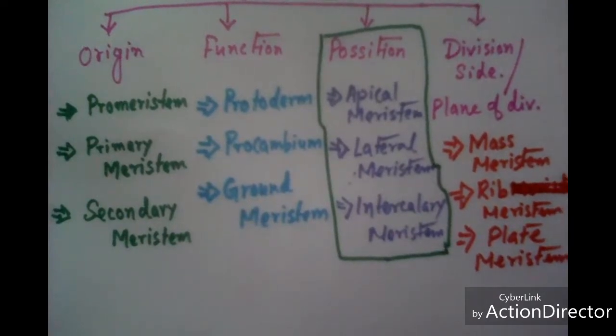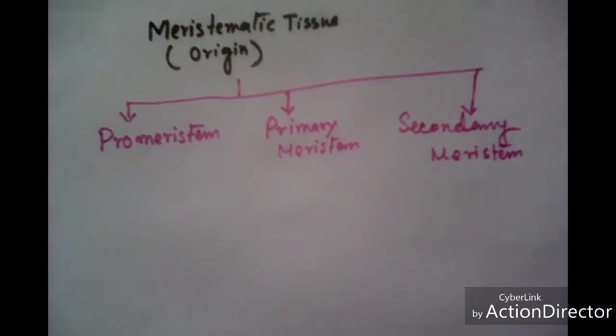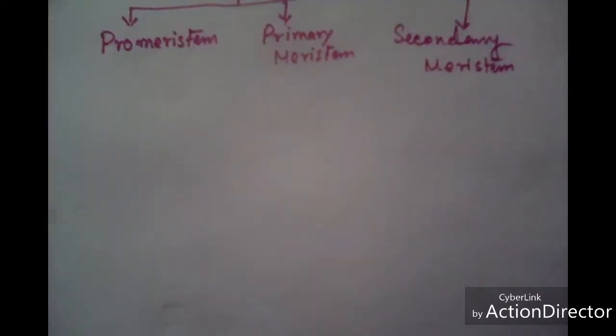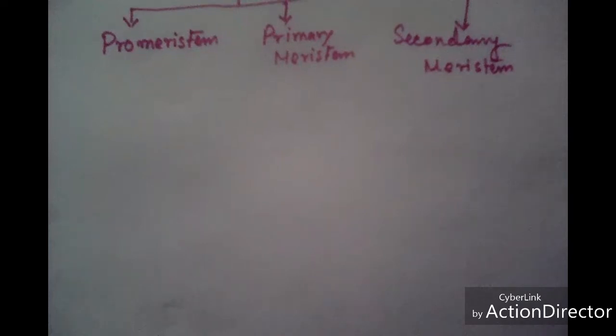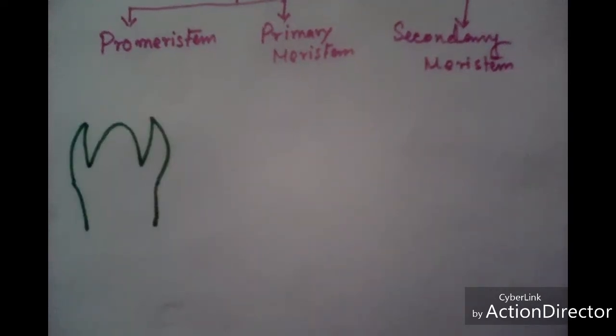So based on origin, meristematic tissue is divided into three types: promeristem, primary meristem, and secondary meristem. The earliest and youngest meristematic tissue is promeristem or promeristematic tissue. Promeristem is present at the central region of meristematic tissue.